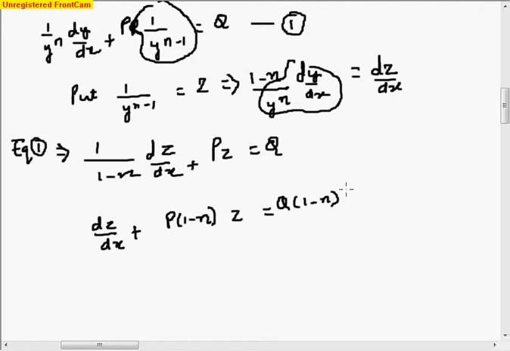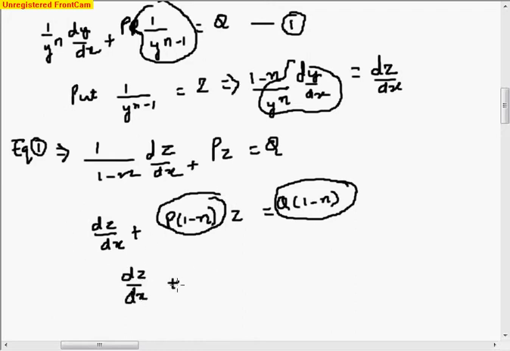This is again a function of x only. So we get dz upon dx plus some p dash times z is equal to q dash, where p dash and q dash are functions of x only. So basically we again get the linear differential equation, which we can solve using integrating factor, right?